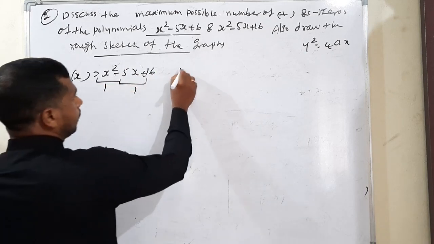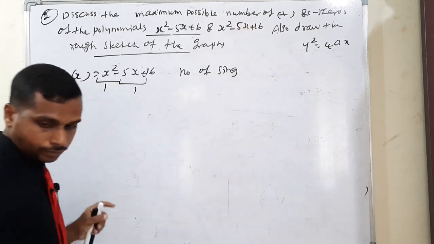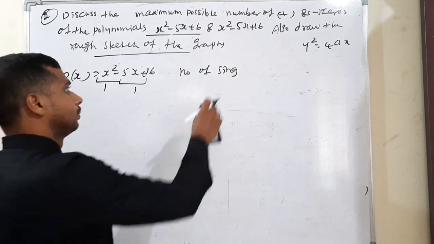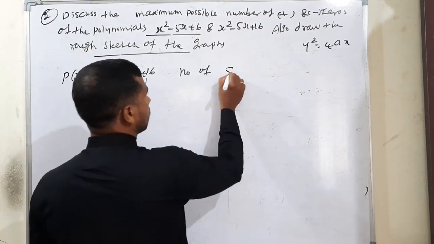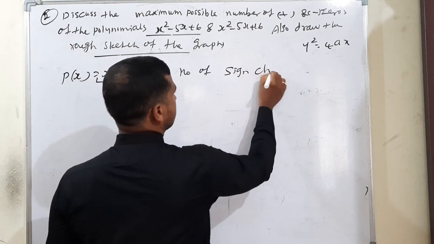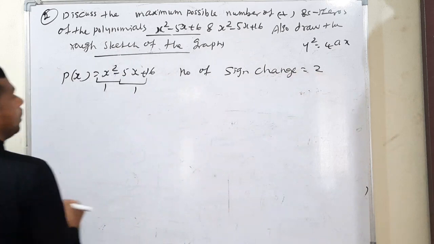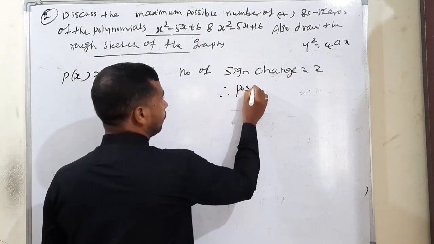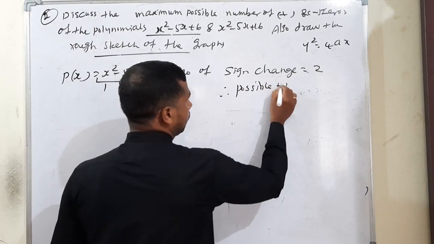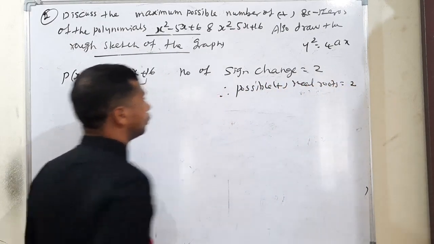Here also the number of sign changes is equal to 2. Therefore the possible positive real roots is equal to 2.